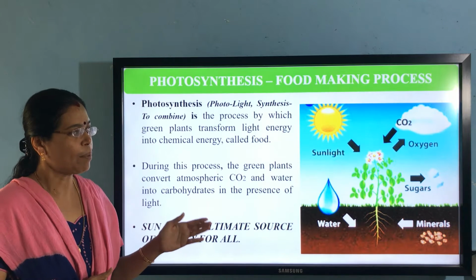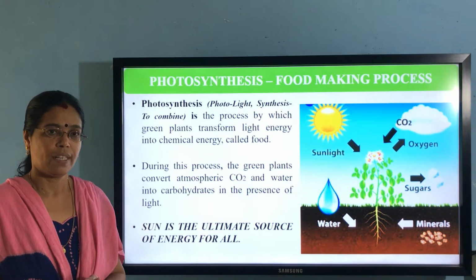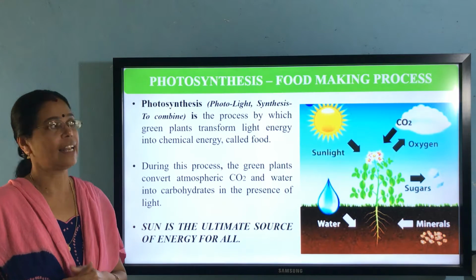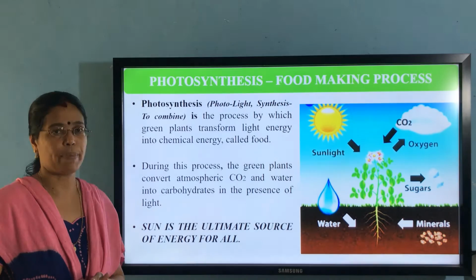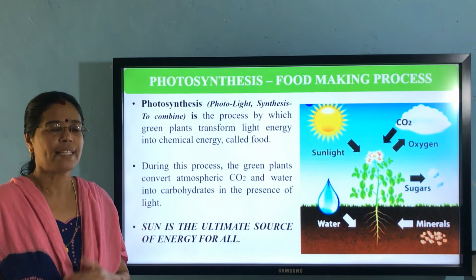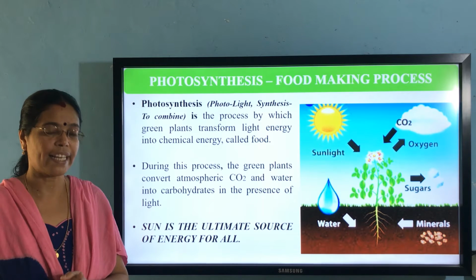With the help of carbon dioxide and water, the plant prepares its own food. This process is known as photosynthesis. Here, photo means light, synthesis means to combine. So, during this process, the green plant traps the sunlight and converts it into chemical energy by using carbon dioxide and water.